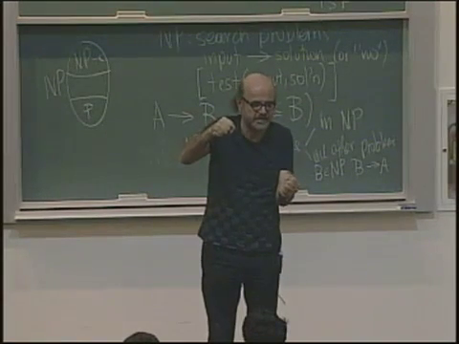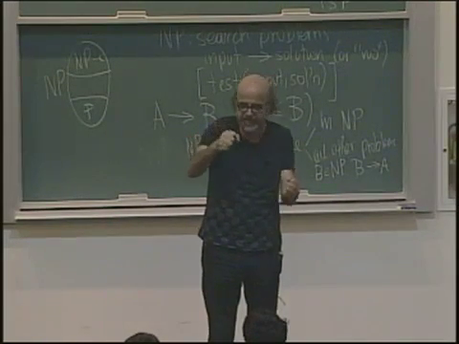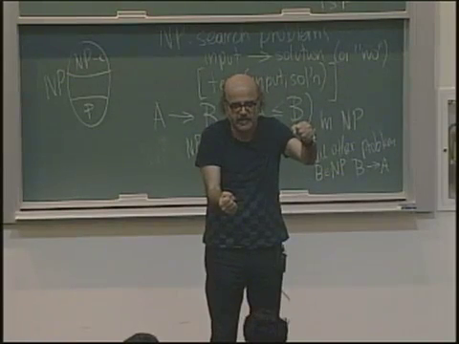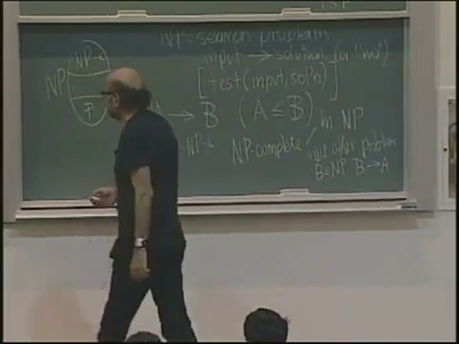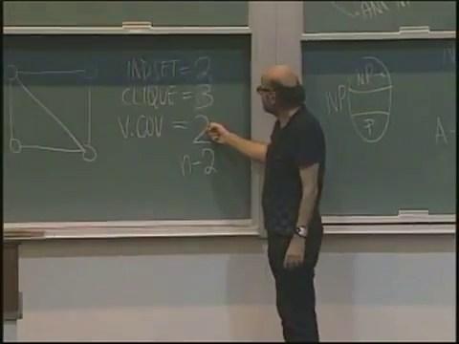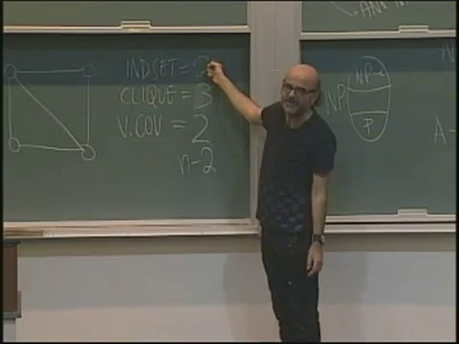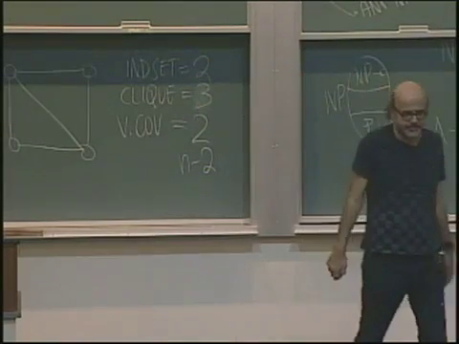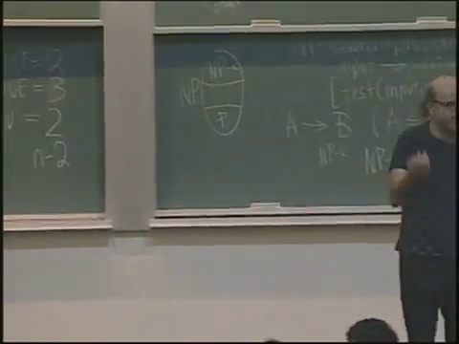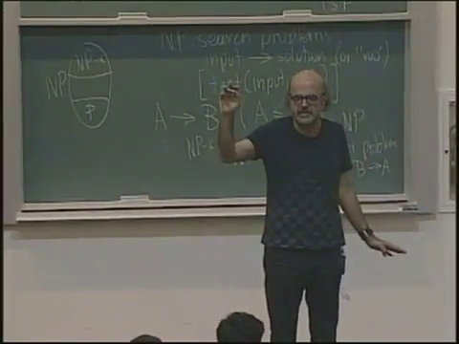They are an independent set, because if they were not an independent set, if they had an edge between them, then this edge would not be covered. So always, the vertex cover is n minus independent set. Okay, you just subtract from n. Everybody sees that?